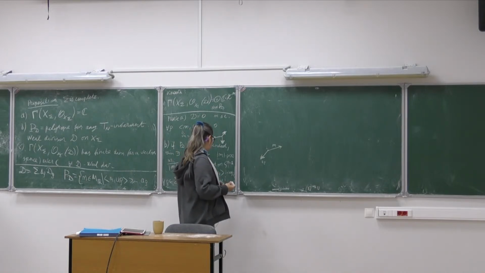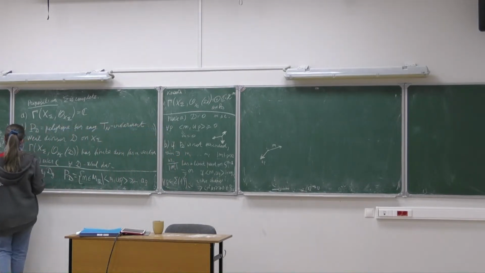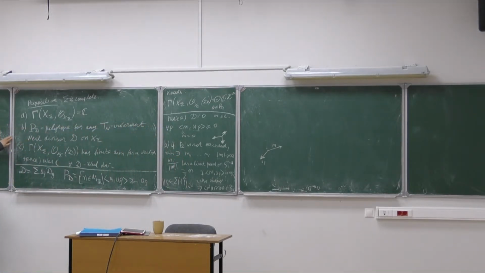So we showed that PD is bounded for the complete fans, and then the space of global sections will also be finite dimensional, because the space of global sections is exactly when we take this polytope and we take all the lattice points which are in this polytope.